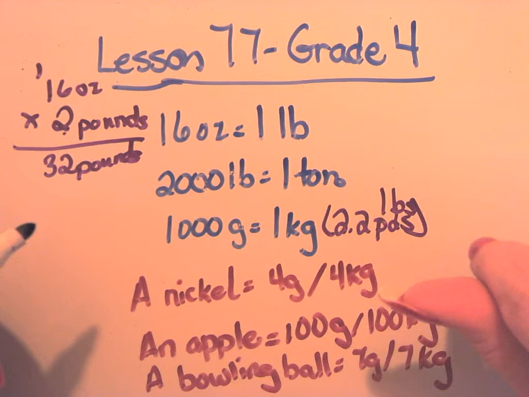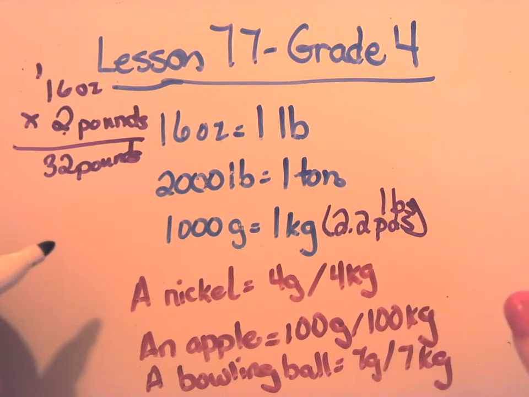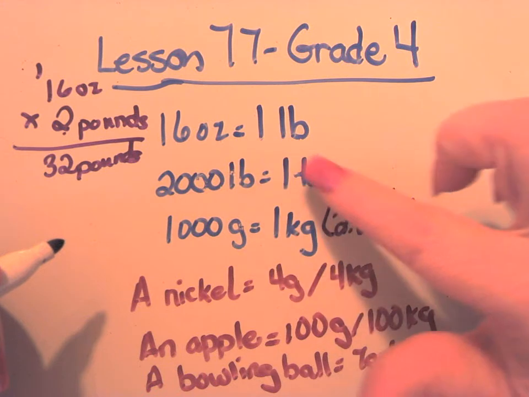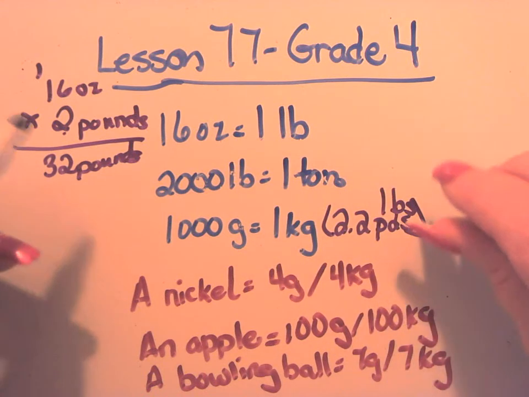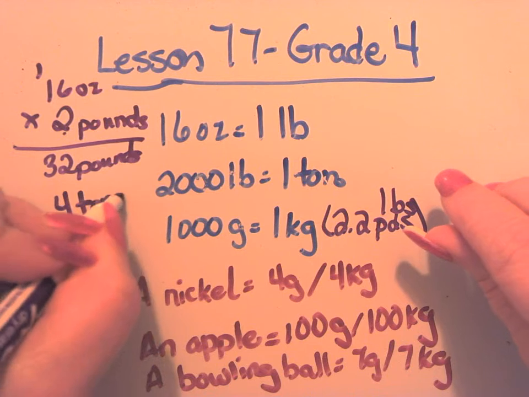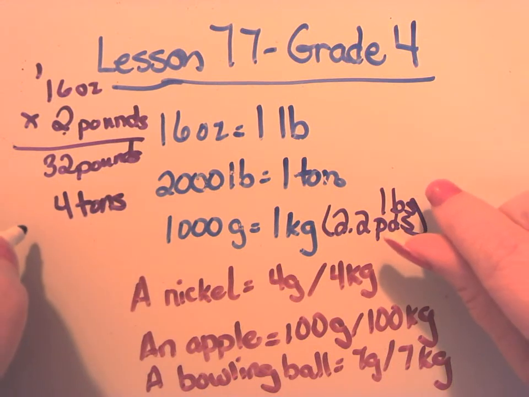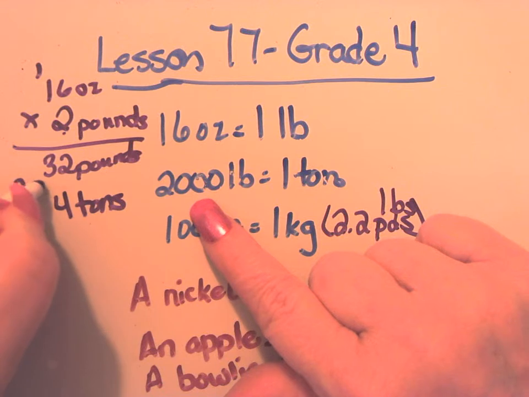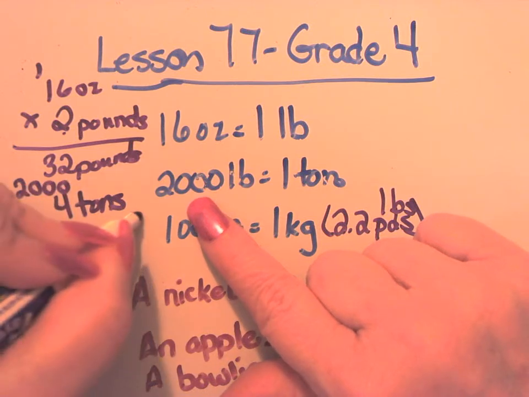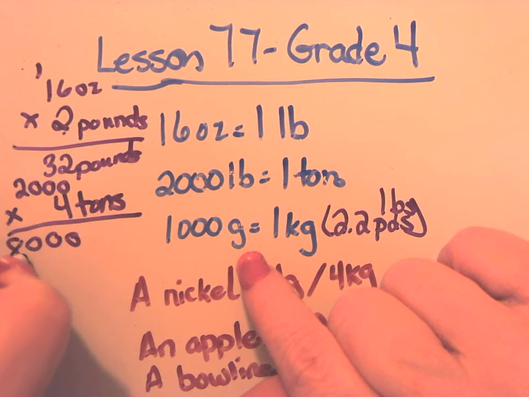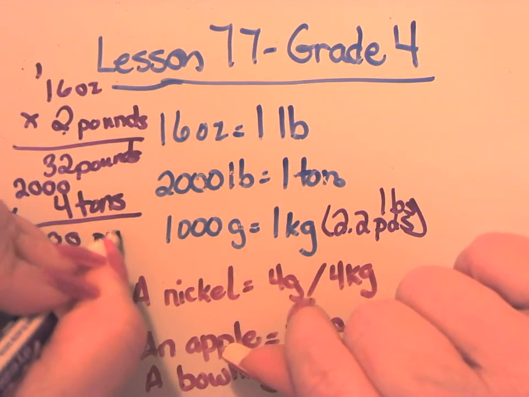When we look at items that are in tons to pounds or pounds to tons, if I say an elephant weighs 4 tons, how many pounds does the elephant weigh? Well, you'd have your 2,000 pounds times your 4 tons, and we get 8,000 pounds.